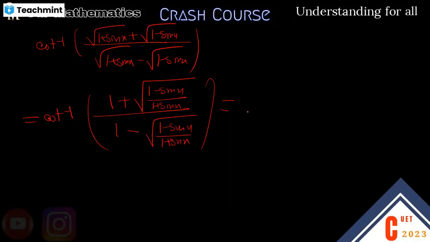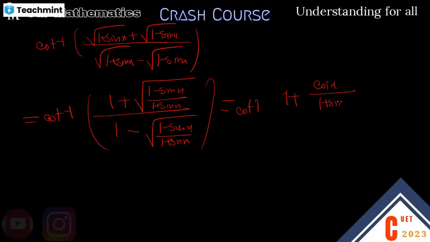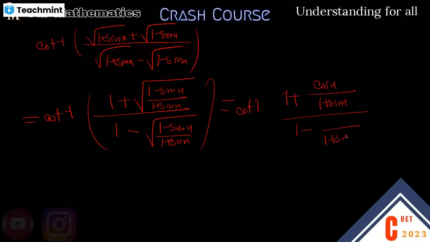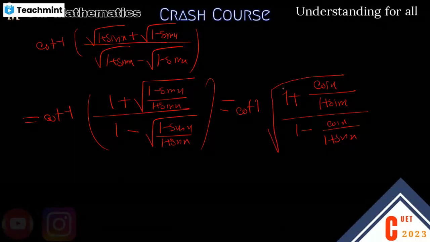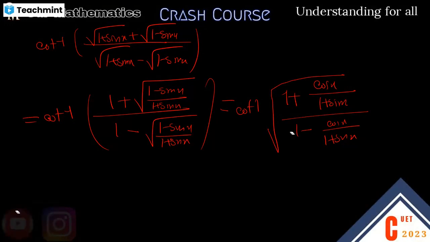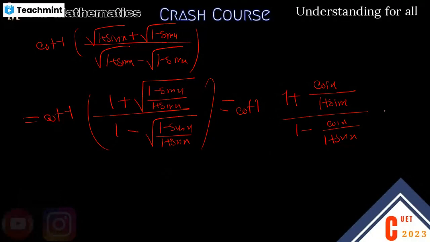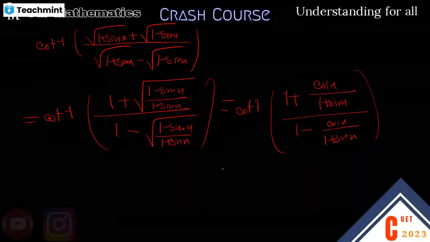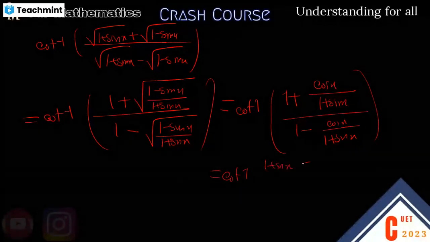Then we make this like cot inverse of (1 plus cos x divided by 1 plus sin x) over (1 minus cos x divided by 1 plus sin x).